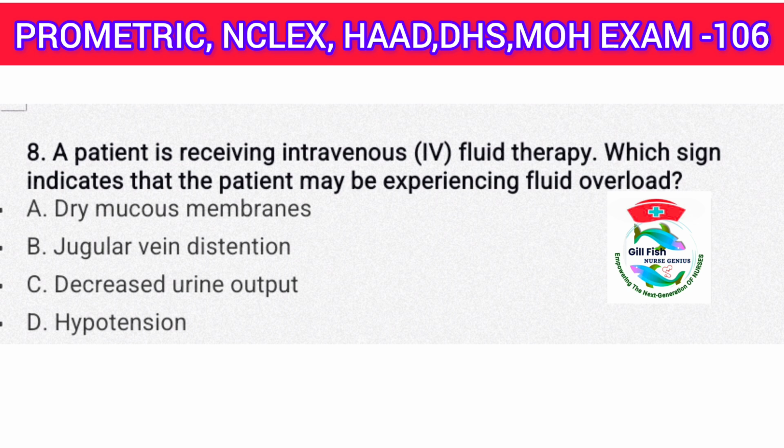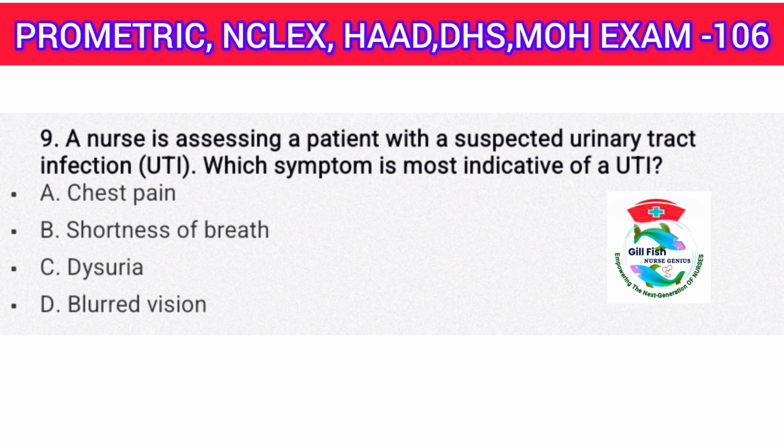Okay, next, move on to another question. A nurse is assessing a patient with a suspected UTI, that is urinary tract infection. Which symptom is most indicative of a UTI? Option A, chest pain. Option B, shortness of breath. Option C, dysuria. Option D, blurred vision. See, in this feature itself, the question is very easy.